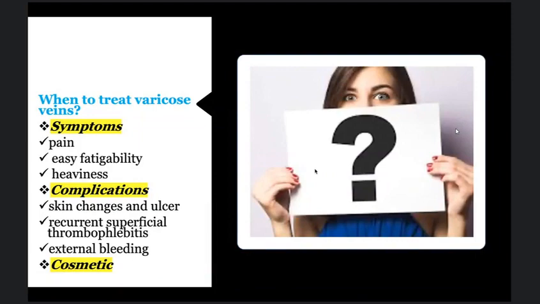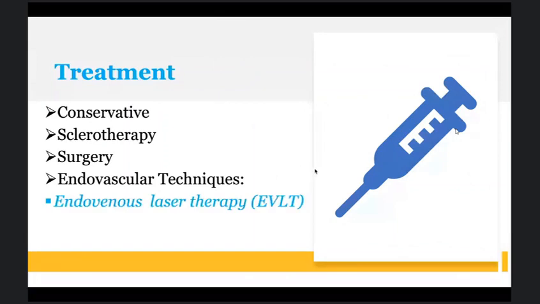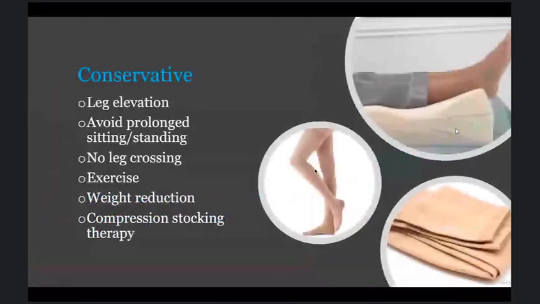Now, what types of treatment are there? Conservative treatment, sclerotherapy, and endovascular techniques. Two types of endovascular techniques: endovenous laser therapy, EVLT, and radiofrequency ablation. Conservative treatment. Mainly we advise the patient conservative measures to relieve the symptoms, to relieve the pain and cramps.